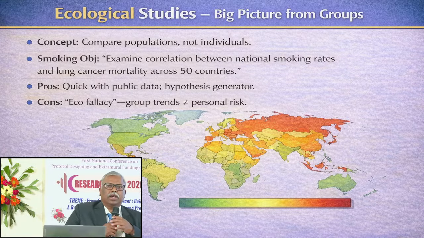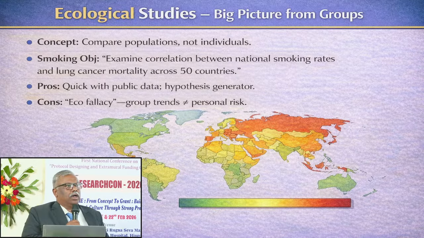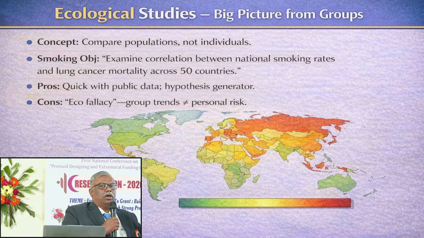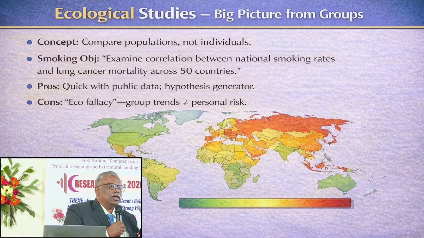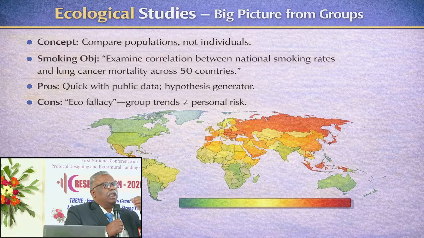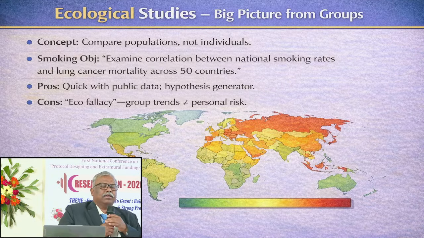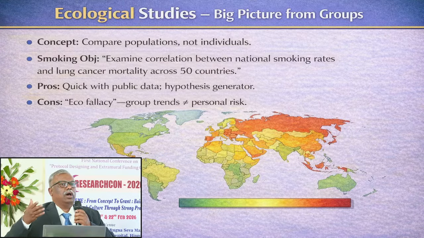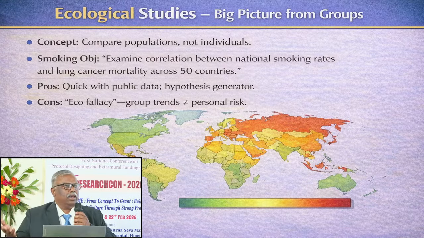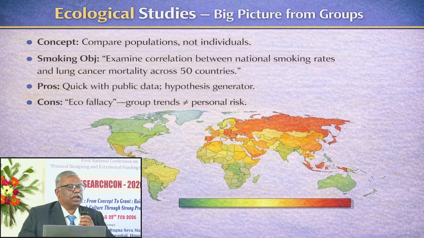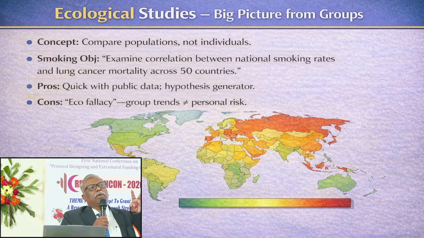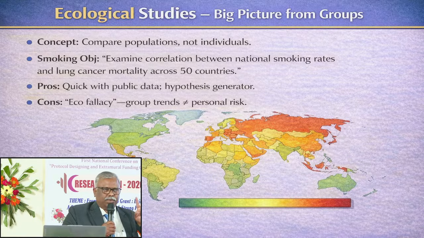An example is the sale of edible oils. Sale of edible oils is very high, and there is a high occurrence of CA breast in that particular country. So they are linking between these two things, right?